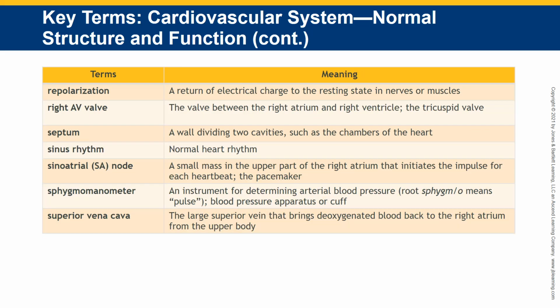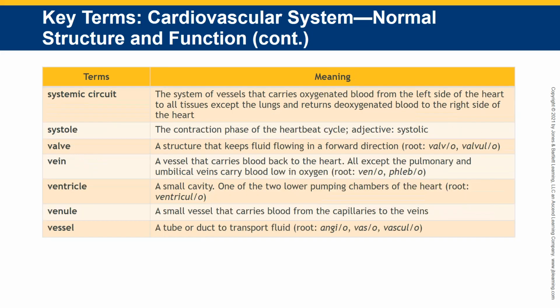Repolarization: I just told you how the myosin head binds to the actin fibers to cause a contraction of the muscle fiber. That's through depolarization. Repolarization brings it back, and so that process is reversed. We've talked about all of this.